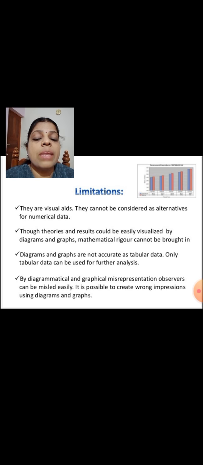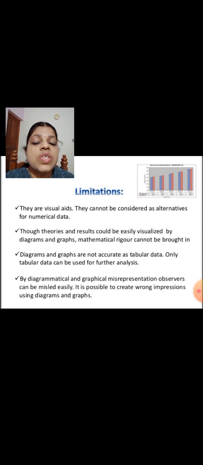Next one, by diagrammatical and graphical misrepresentation, observers can be what? Misled easily. It is possible to create wrong impressions using diagrams and graphs. Sometimes observers may be misled easily, isn't it?